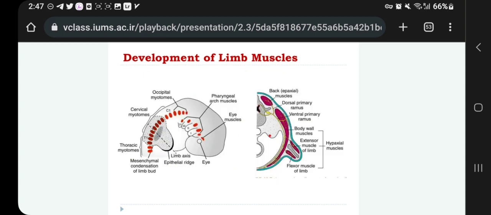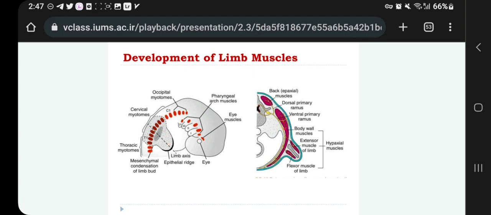Okay, here you can see the upper limb bud that's opposite C3 until T2, and the muscles that migrate, the cells from the ventrolateral mesoderm into the limb bud and make the muscle.